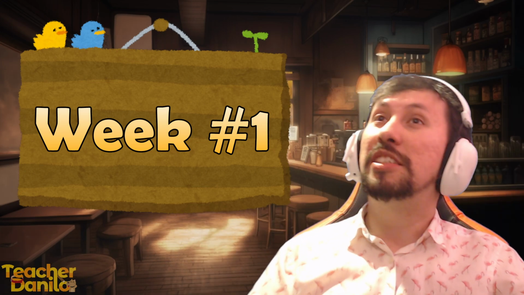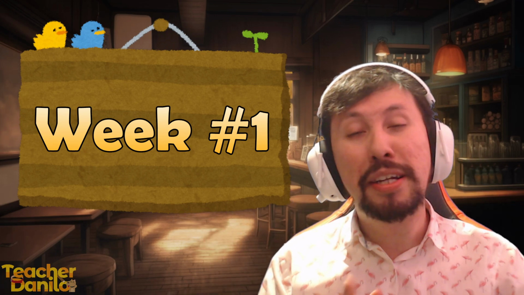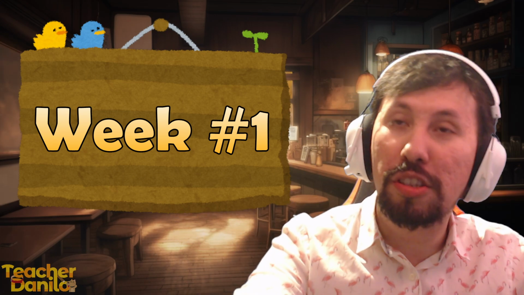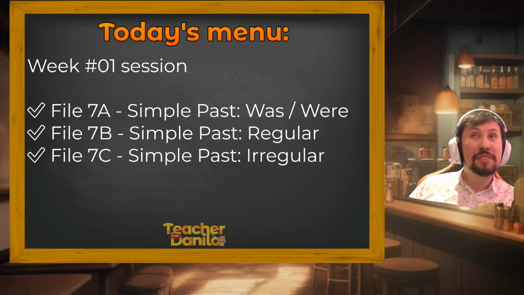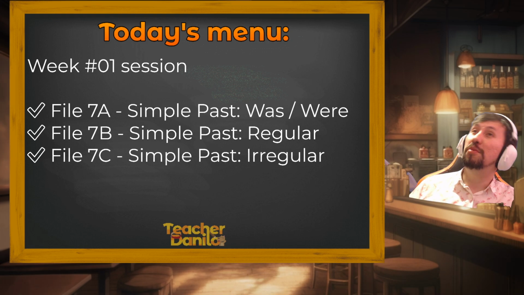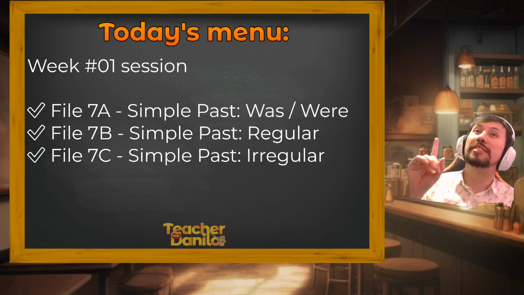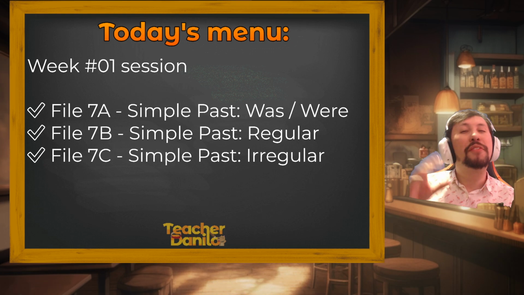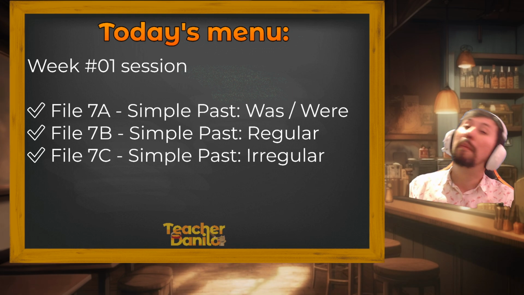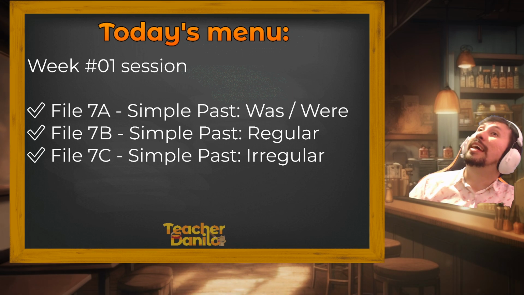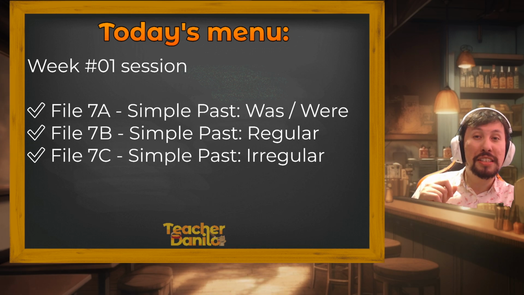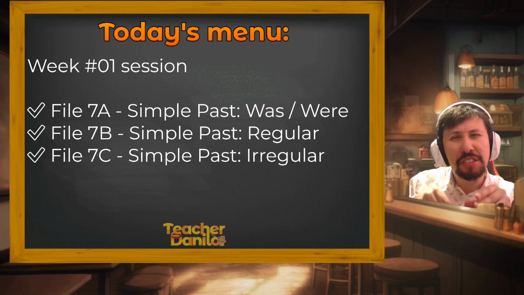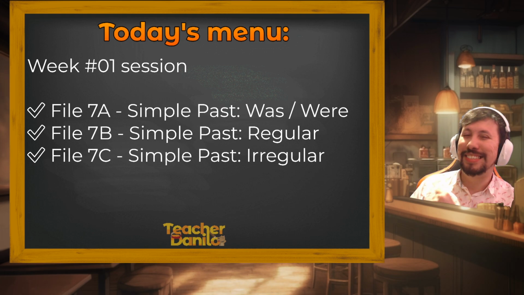Alright. So, yes, this is week number 1. And we are going to check the objectives for today. In this video, we're going to do file 7a, file 7b, and 7c of the American English File book by Oxford. In all 3 of these units, we have one focus: simple past.